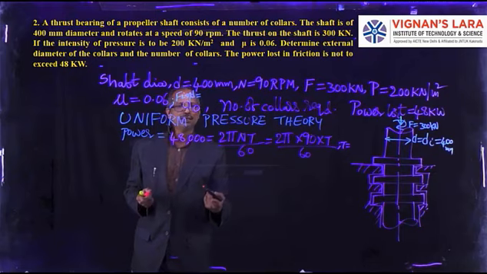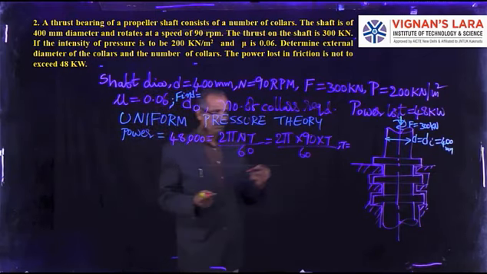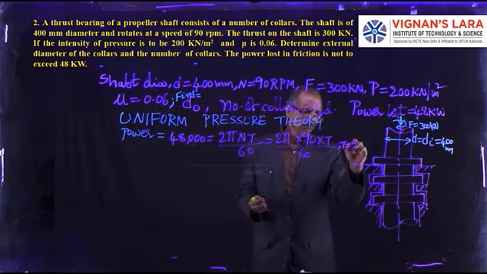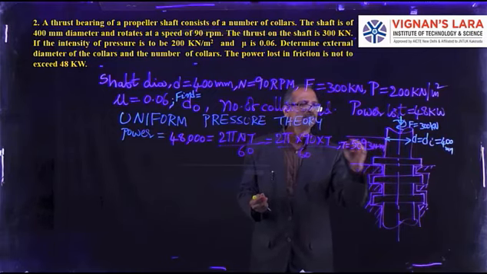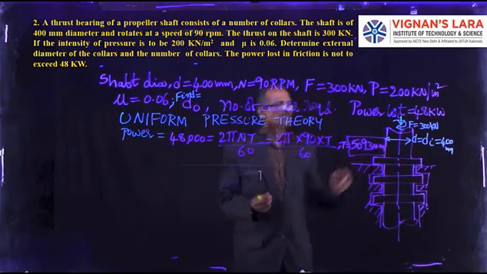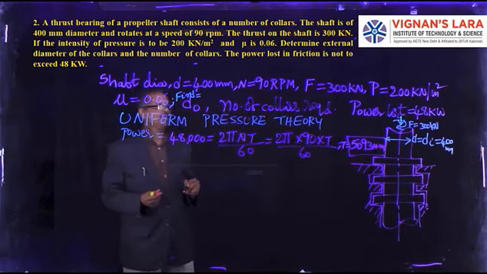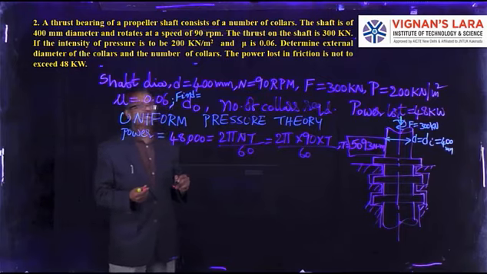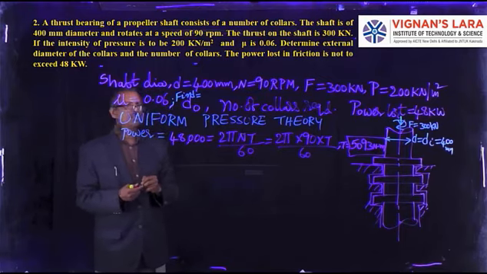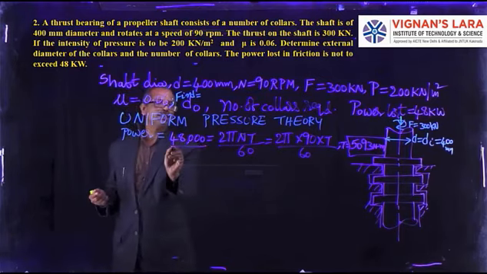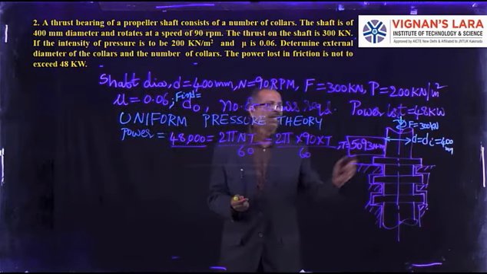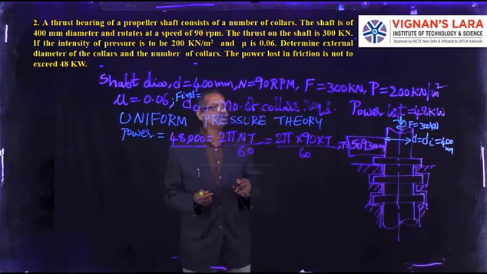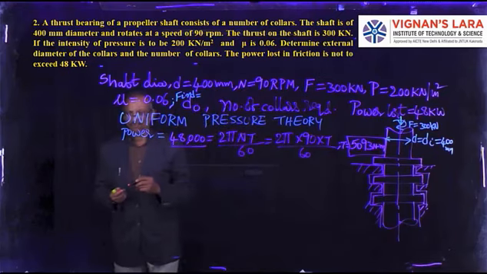It gives 5093 Newton meter. So the power lost 48,000 watts is equated to the power equation 2 pi N T by 60, and I got the value of T equal to 5093 Newton meter.